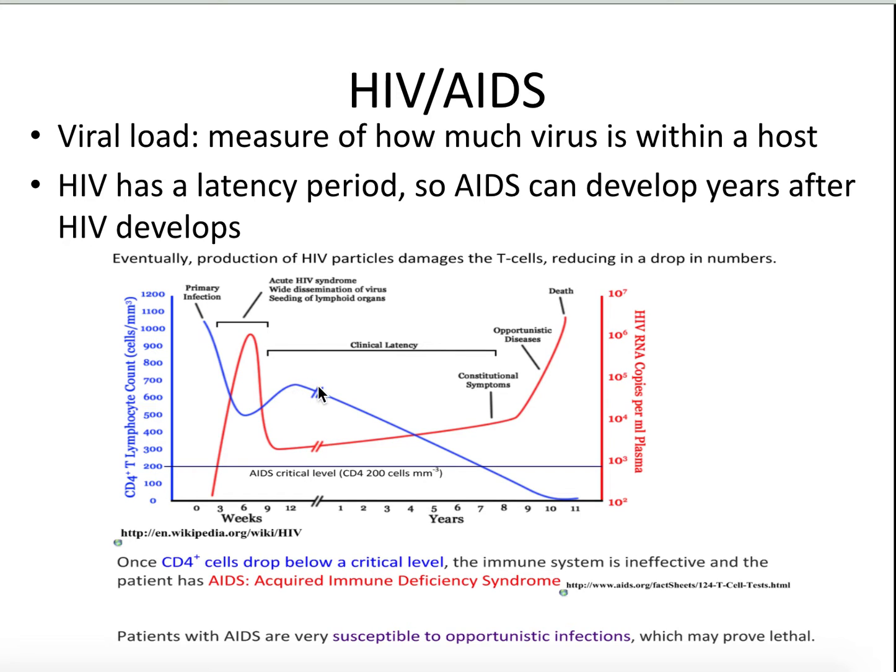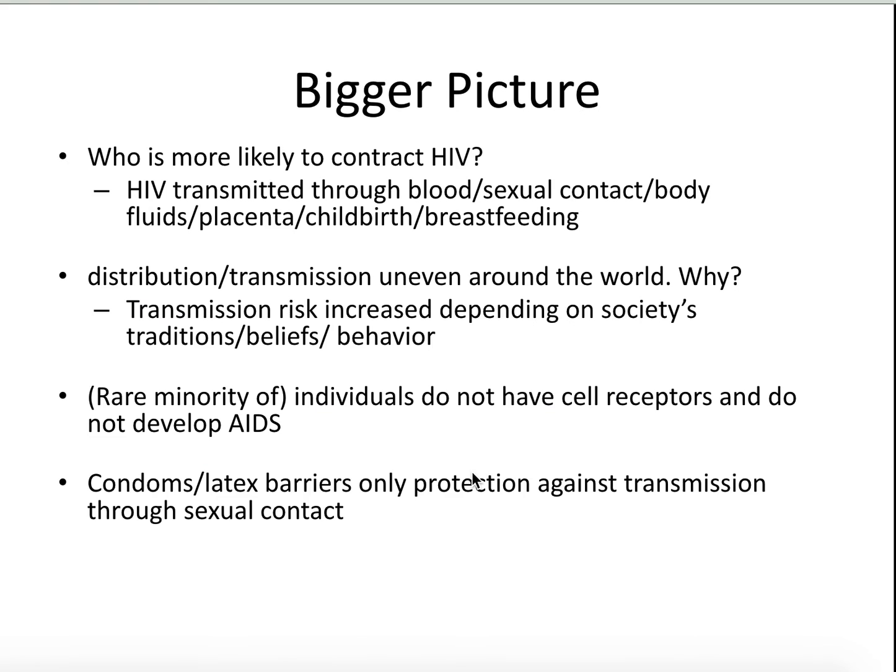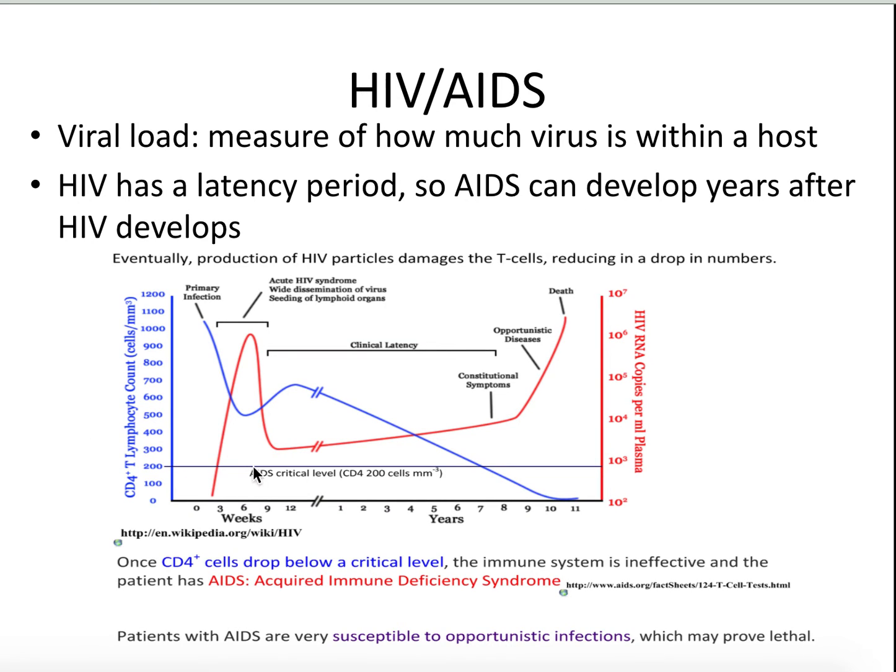But because your immune system is not making as many helper T cells, eventually there's a critical point where they meet, and there's going to be more HIV than there are helper T cells. At this point, when you have less than 200 helper T cells, you have now contracted AIDS, and usually death is soon to follow.